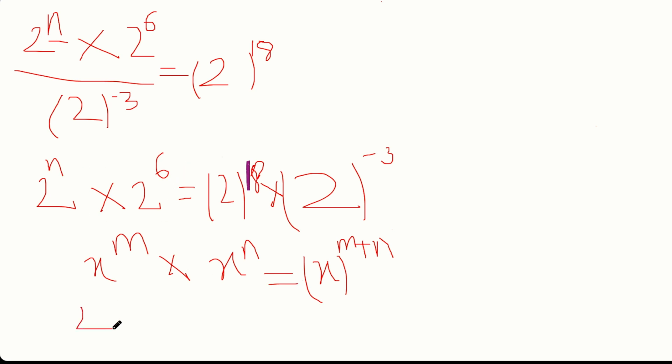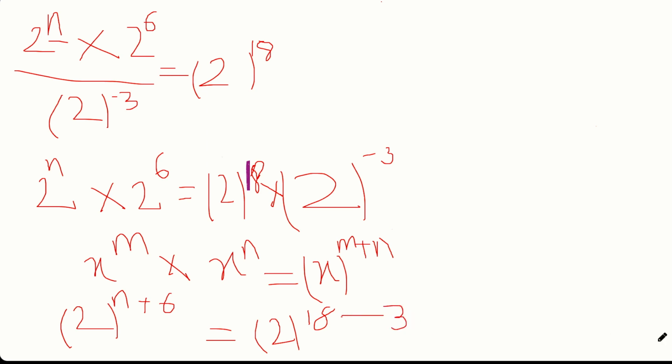So we will get 2 raised to power n plus 6 on the left hand side, and on the right hand side 2 raised to power 18 minus 3, and 18 minus 3 is 15.